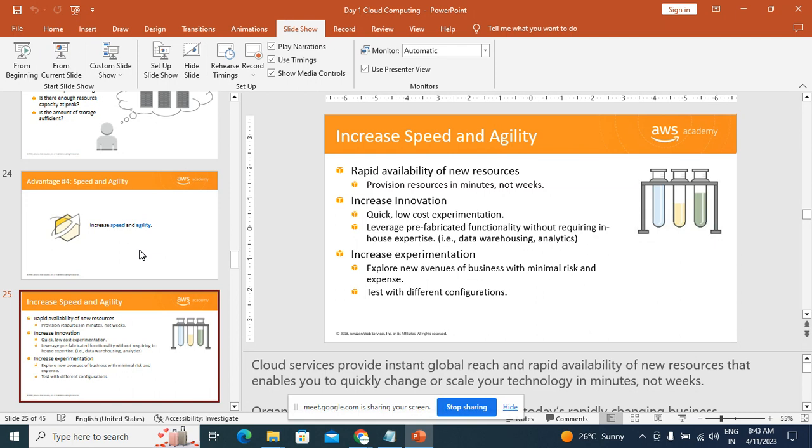For example, if you are connecting 50 servers, connecting the 50 servers might work in some cases or might not work in some cases. So instead of putting in all these efforts and experimenting, we can simply opt for AWS services. AWS will take care of all this experimenting, so all these things will be handled by experts.